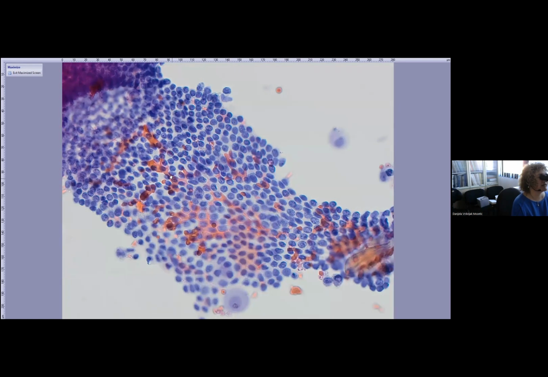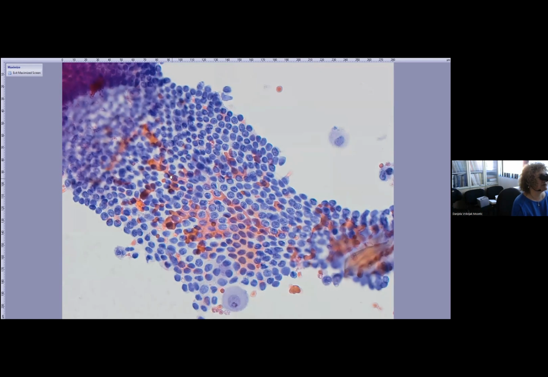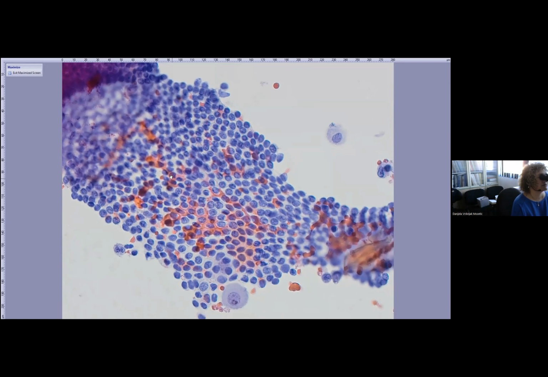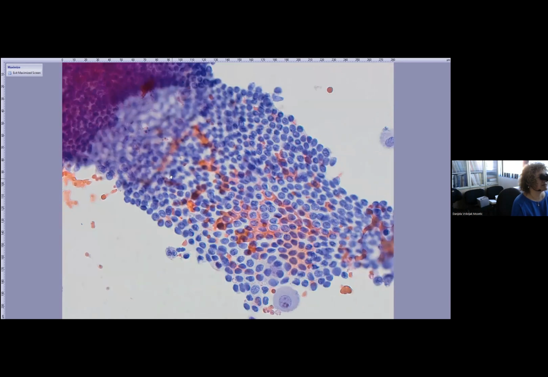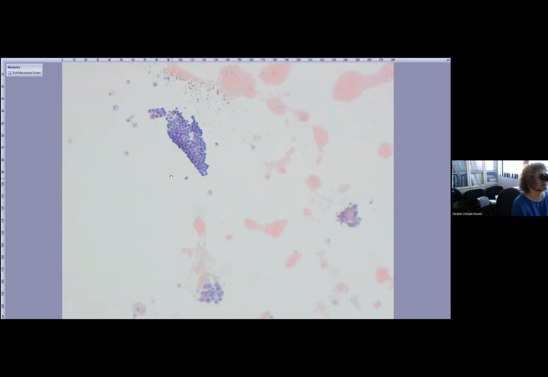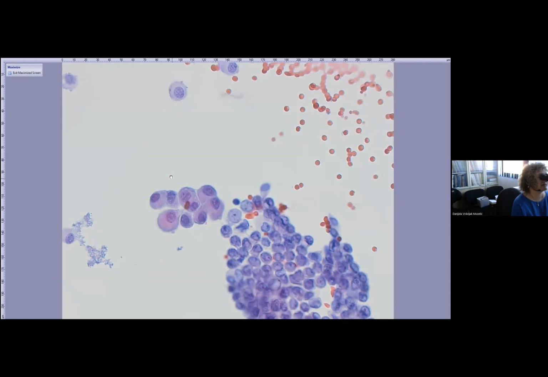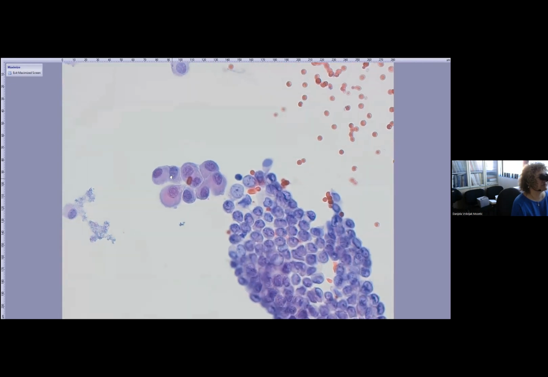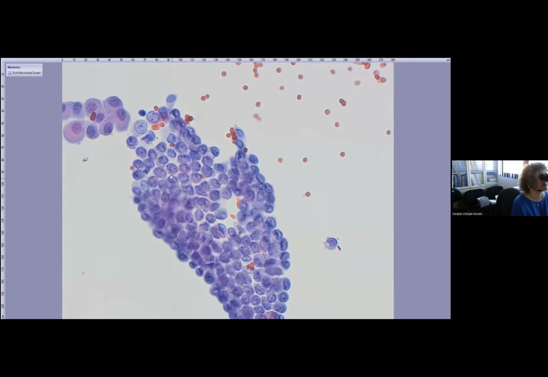Yeah, this is typically how it looks in peritoneal washings. You have sheets of small mesothelial cells. They can also look like this. And also here you have some larger cells, a little bit reactive. But this is all mesothelium.